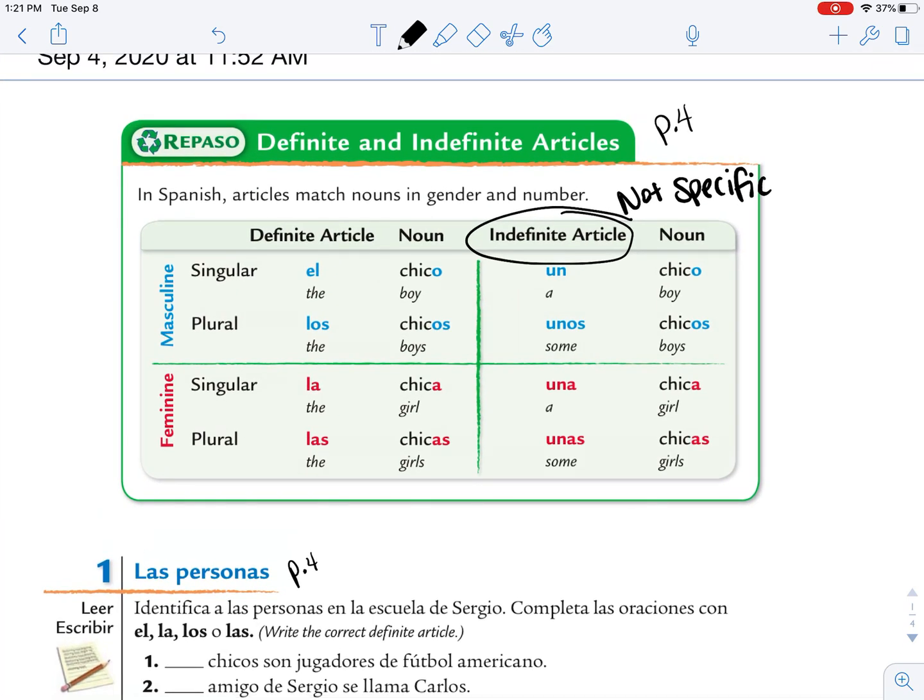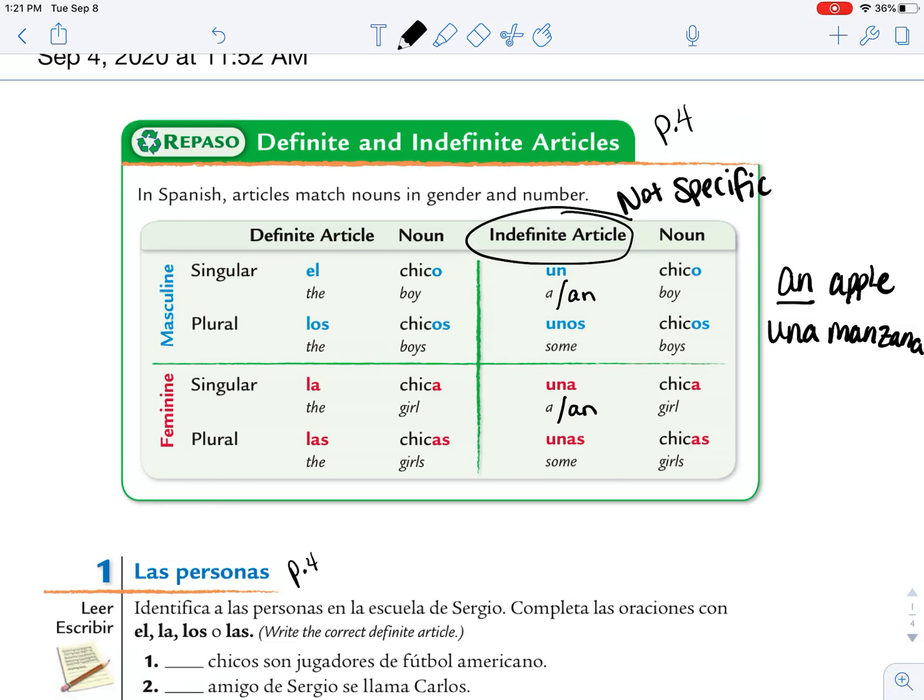In English, the meaning would be a for a boy, for un. We could also say an, for both. Obviously, we're not going to use it with boy and girl, but if we said an apple, una manzana, we would have an.